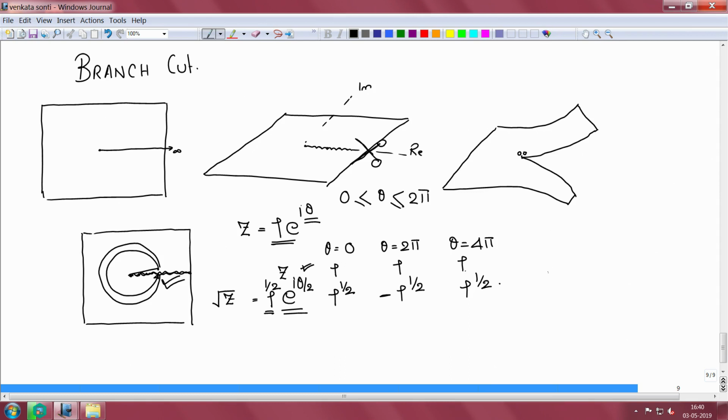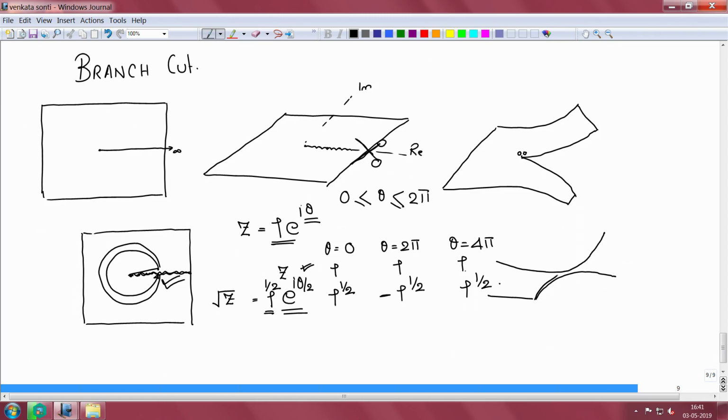So, let us say this is my lower plane, and this is my upper plane.